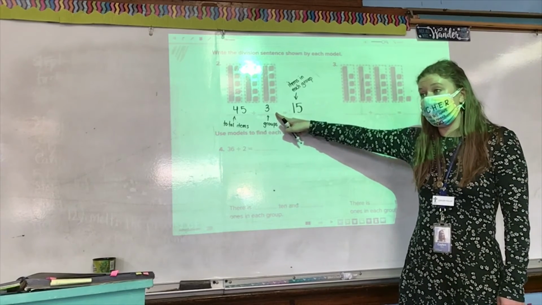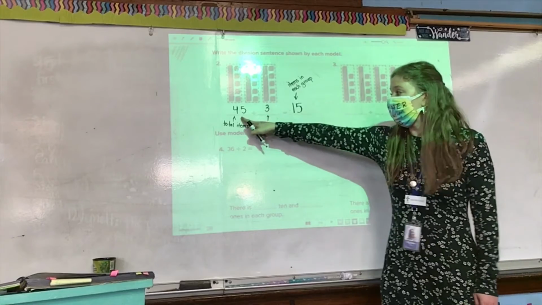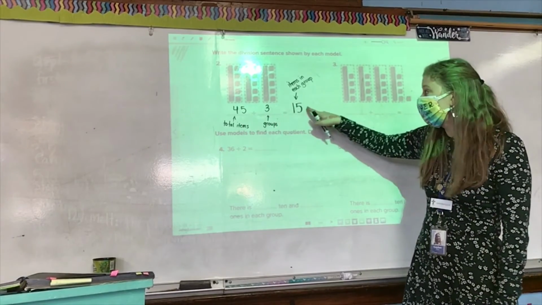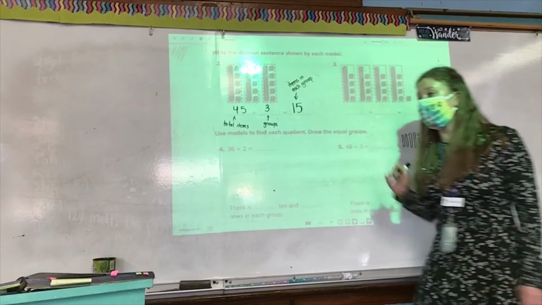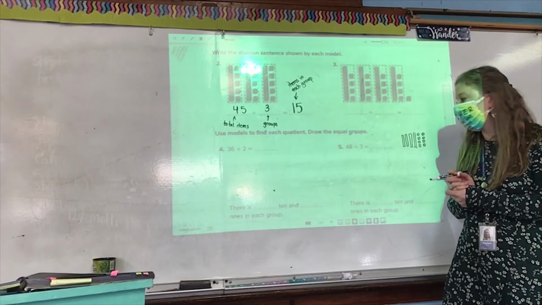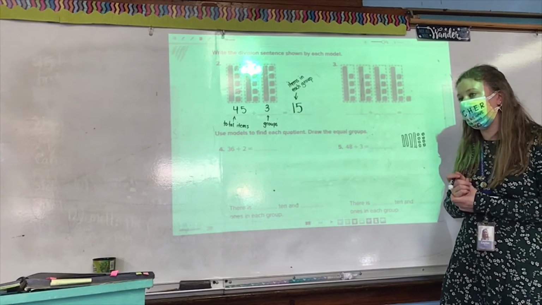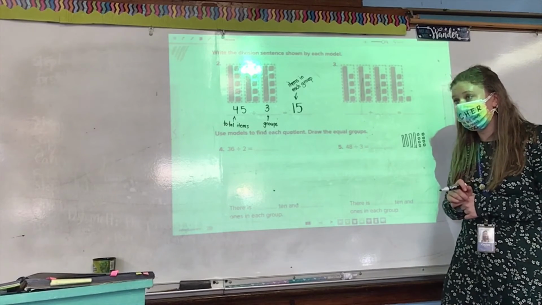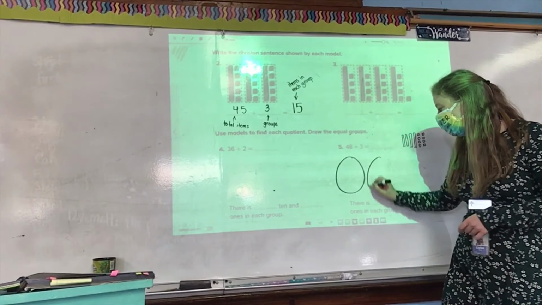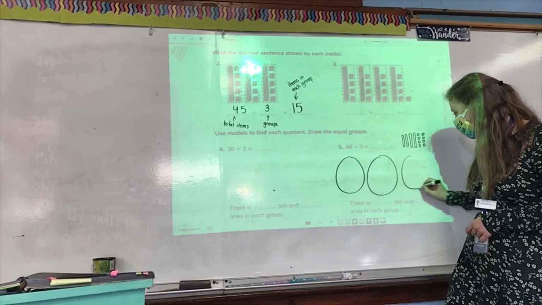This is why vocabulary is so important. This is the dividend. This is the divisor. This is the quotient. So, Aaron, our divisor tells us what? How many groups we need. Our divisor is 3. How many groups do we need to draw? 3. So we use large circles to show our groups. 1, 2, 3.